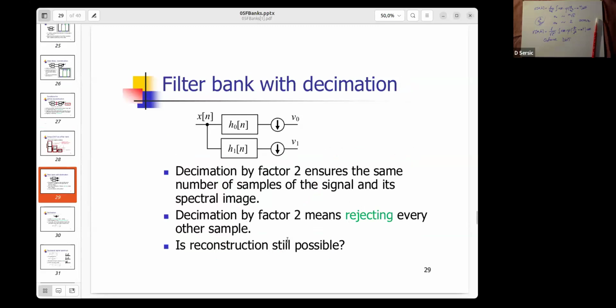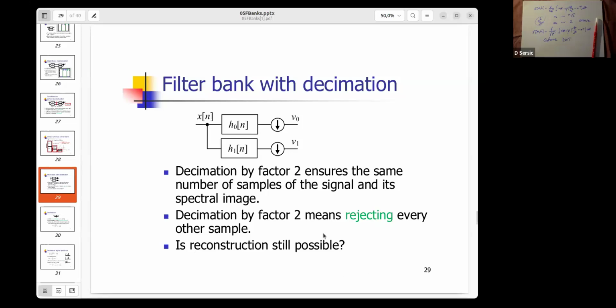Decimation means throwing away every second sample if we have decimation by the factor of 2. If you have decimation by the factor of 10, it means throw away 9 and leave only 1. There is a story about Roman legions, where one way of punishment was, if they did something wrong, to kill every second soldier, in random order.